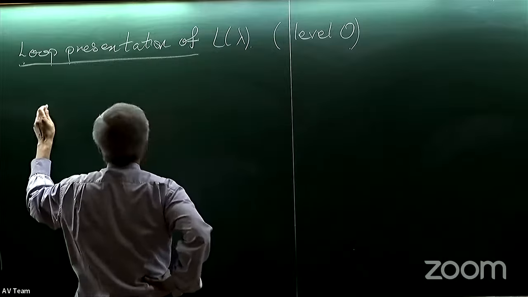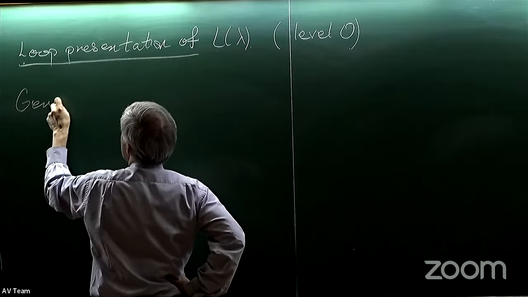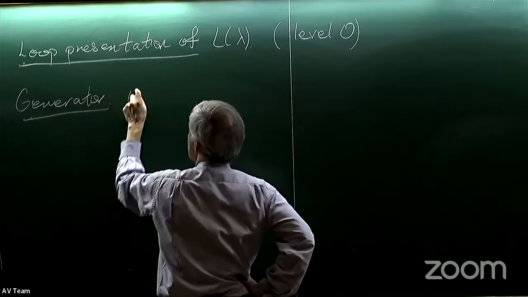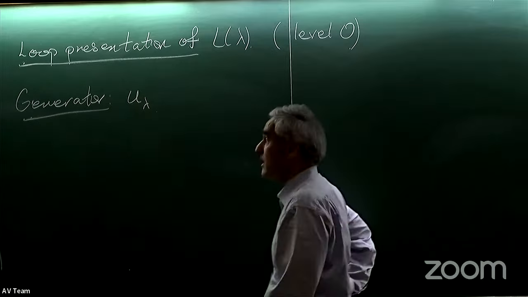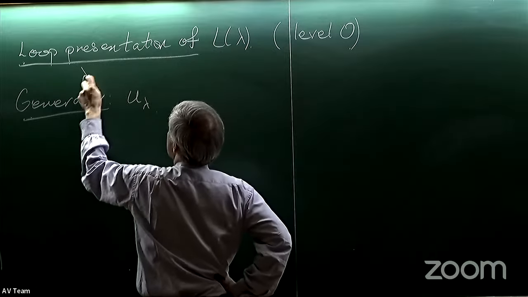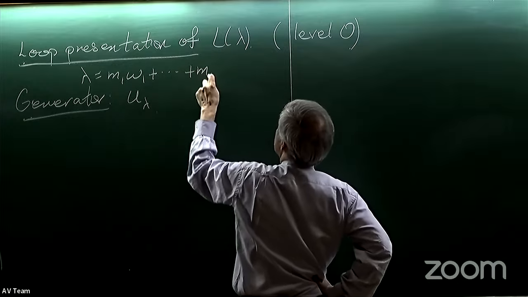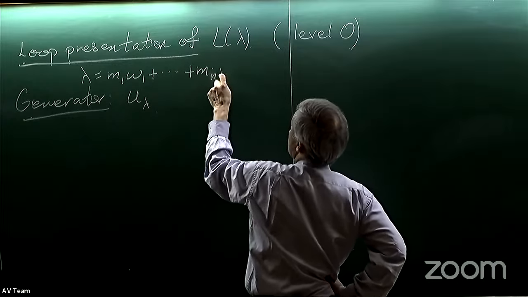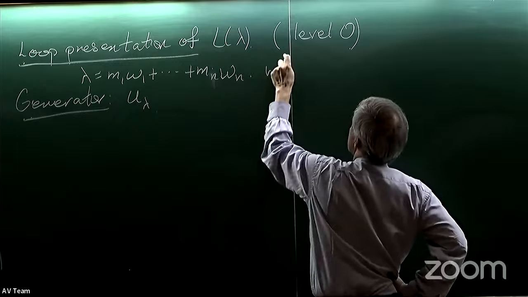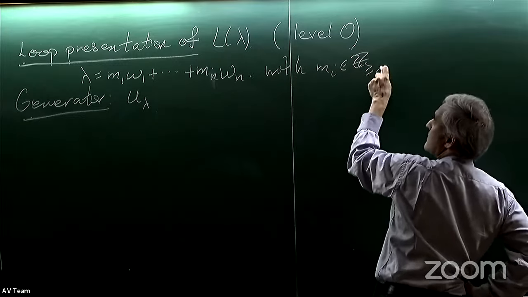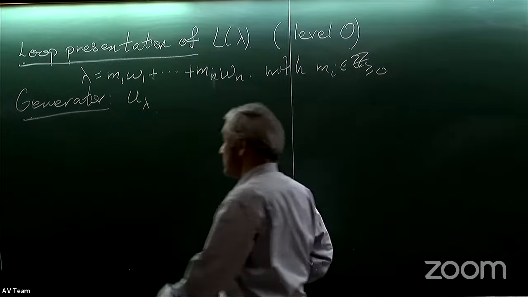And so the generator in this presentation is just a single generator, u_lambda. I should say lambda, now we're in level 0, so think about it as a dominant integral weight. I'm going to use a single generator.